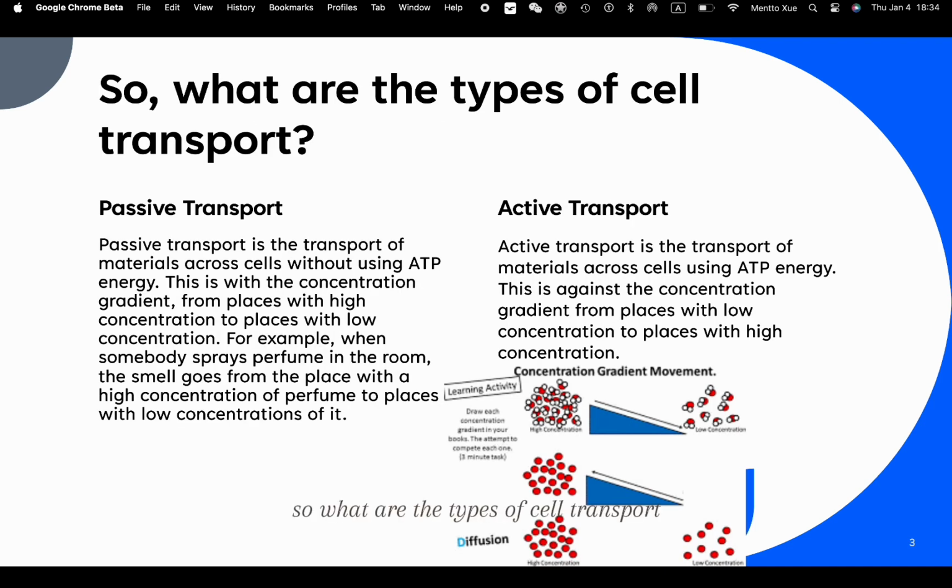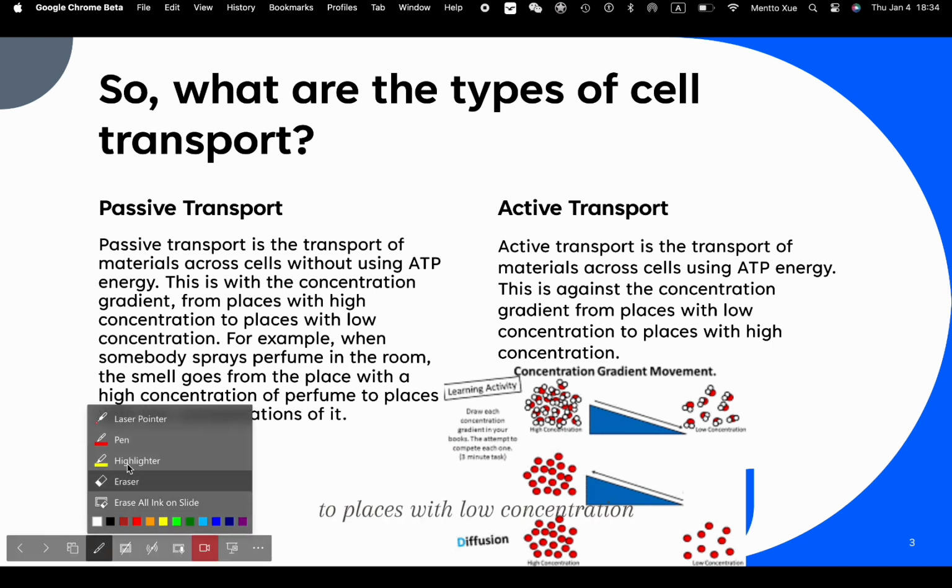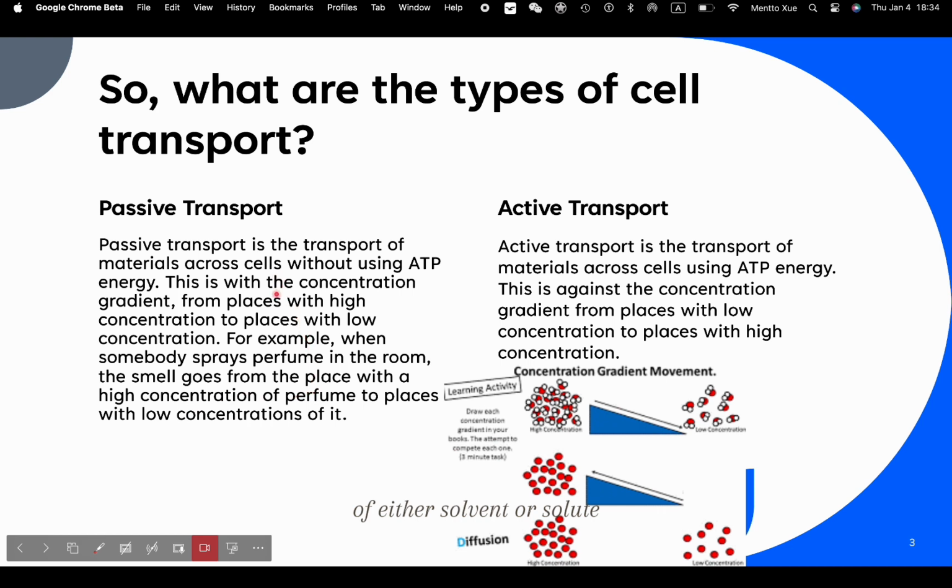So what are the types of cell transport? First, there's passive transport. Passive transport is the transport of materials across cells without using ATP energy. This is with the concentration gradient, from places with high concentration to places with low concentration of either solvent or solute.